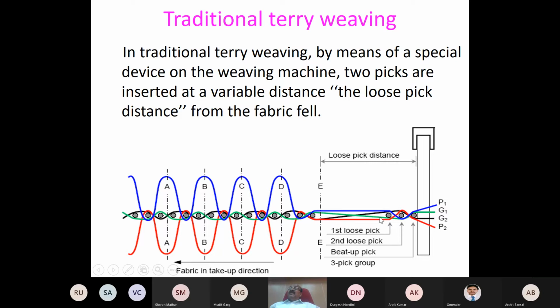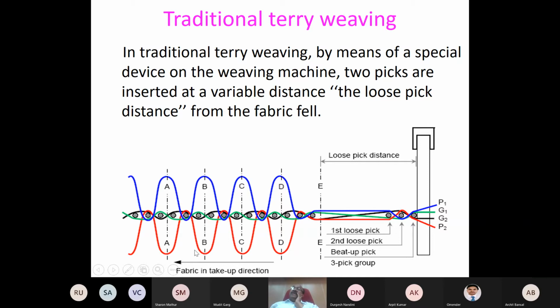Simply, the weft yarn is pushed forward to the fell of the cloth. The loose thread gets buckled to make a loop like this, and the ground thread remains straight, simply making interlacement to make the ground fabric. This is how the pile or terry loop fabrics are formed.